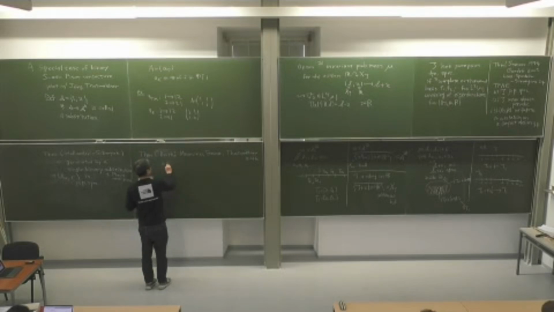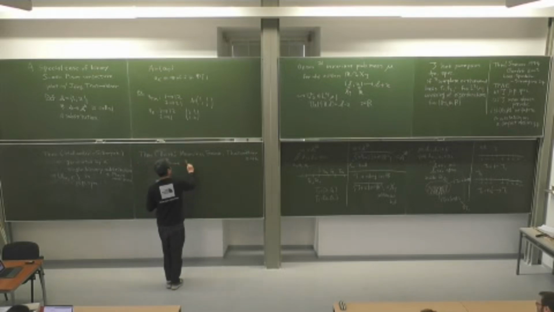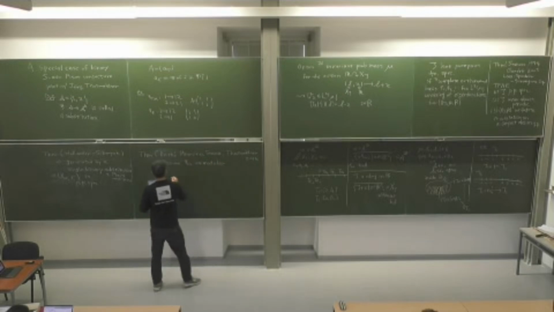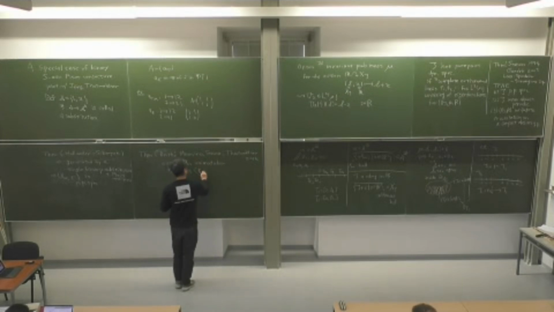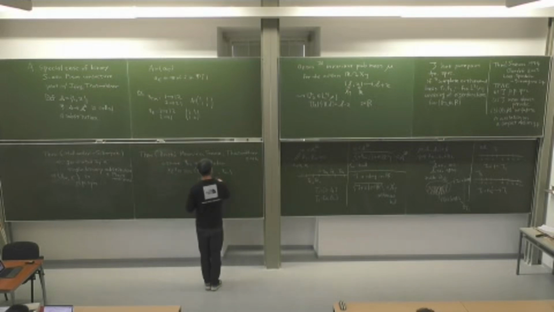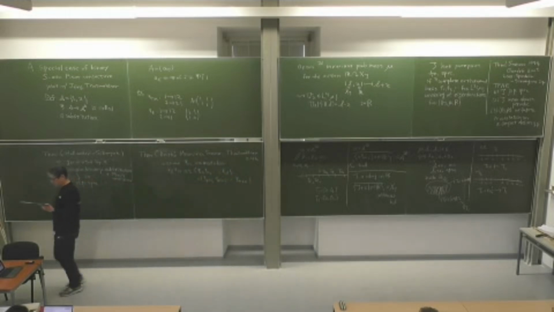So assume each C_n is unimodular. This is the multiple substitution case.